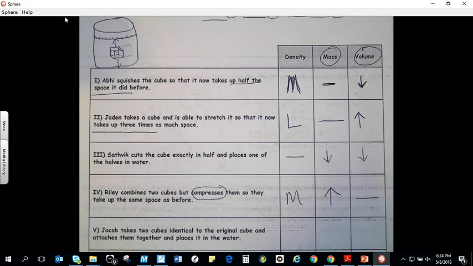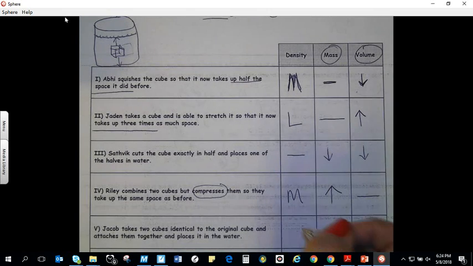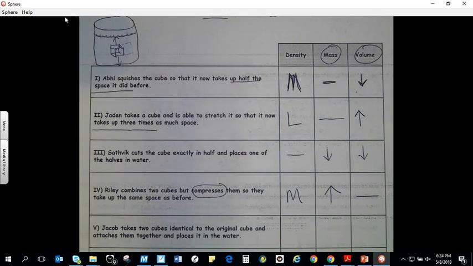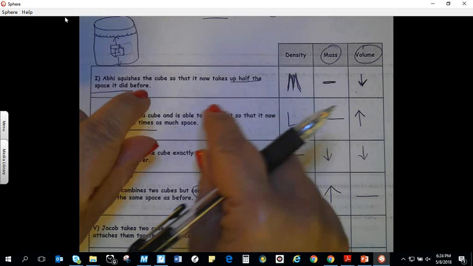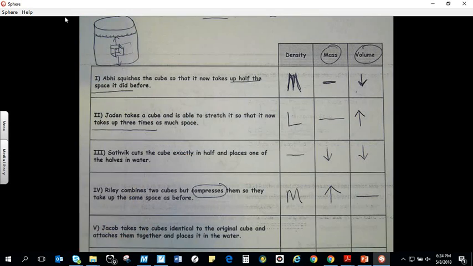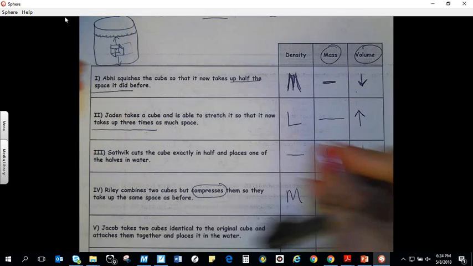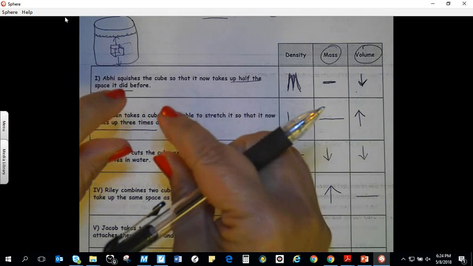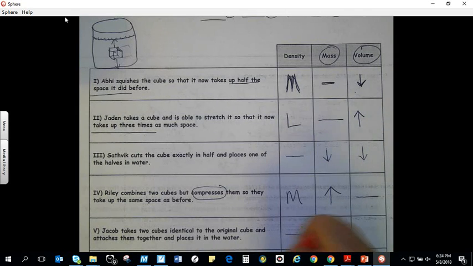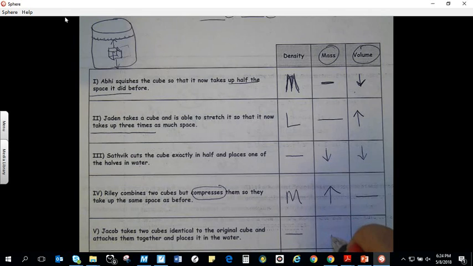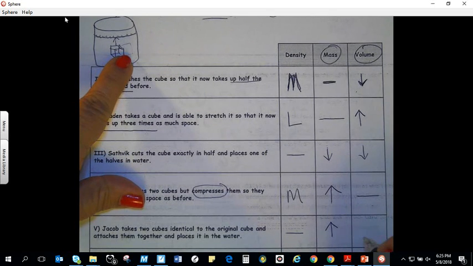The density doesn't change because he just attaches them together and places them in the water. Doesn't squish it, doesn't stretch it. He just places them together. So the density is the same, but the mass, because you have 2 cubes together, increases. And when they're together, the volume itself increased as well.